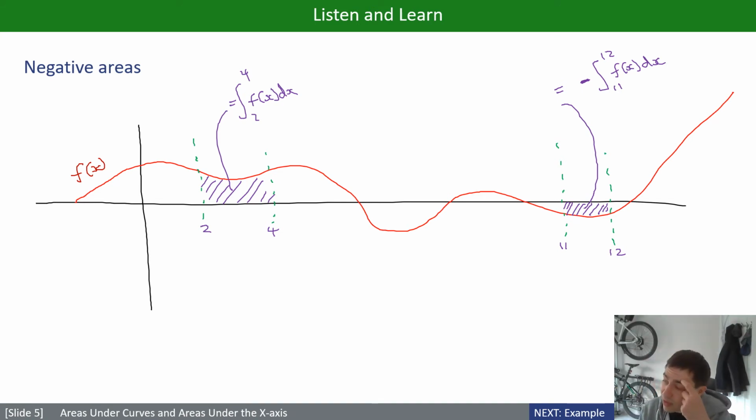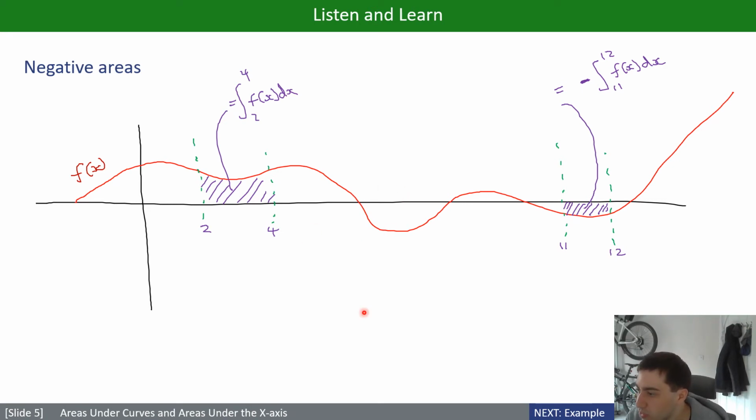The reason it flips is simply to do, and this is intuitive, isn't it, with the fact that it's below the x-axis rather than above it. So if you're finding an area between the x-axis and the positive values of the function, you just do what we did before. If it's between the x-axis and negative values, so it's below the x-axis, do what we did before, but just stick a minus at the front, and then the final answer will end up being positive. The integral itself, though, will be negative.